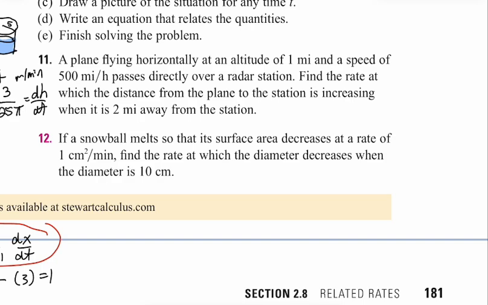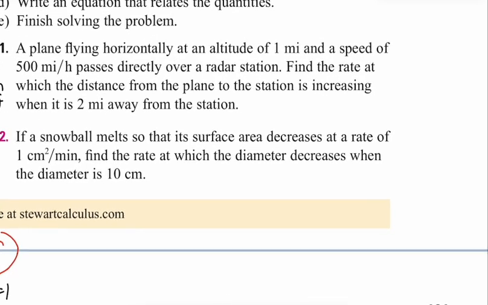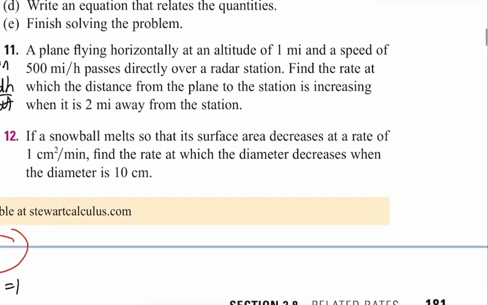Okay, so let's take a look at 11. Number 11 says, a plane is flying horizontally at an altitude of 1 mile. Now that altitude we're going to assume is constant. And it's great because don't put a variable where you can put a constant, because derivatives of constants are 0 and nice and great. Okay, so we've got this plane.